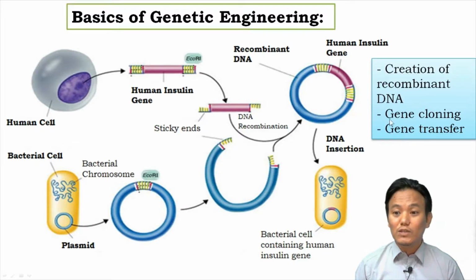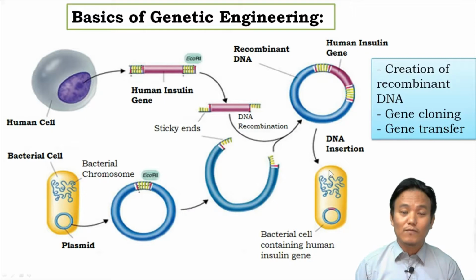Now in gene cloning and gene transfer, whenever this bacterial cell divides to create progeny bacteria, along with the bacterial chromosome, this particular plasmid DNA or the recombinant DNA will also replicate. I told you, plasmids can replicate autonomously.